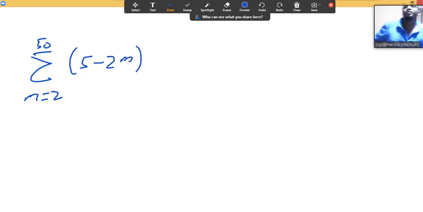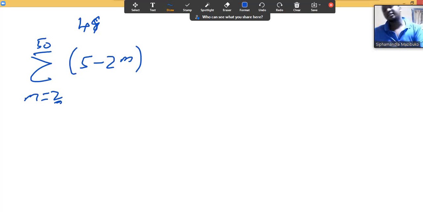We need to expand this. You see what will happen? It means you have to sum about 49 terms, because we're starting from 2 up to 50.